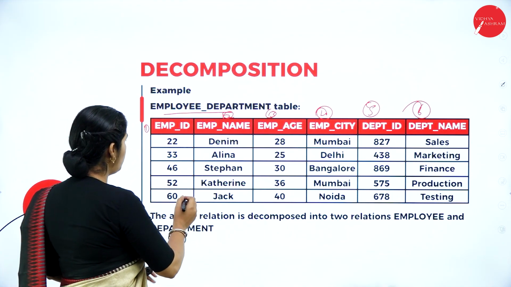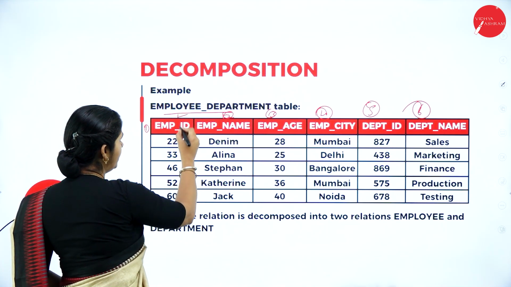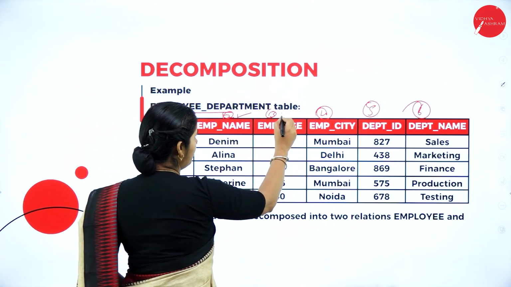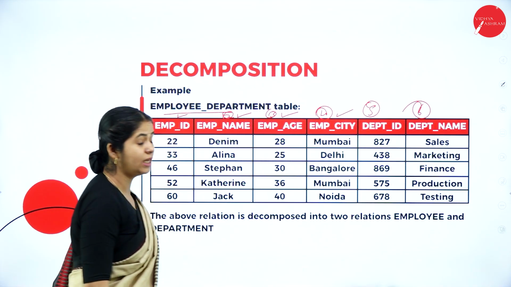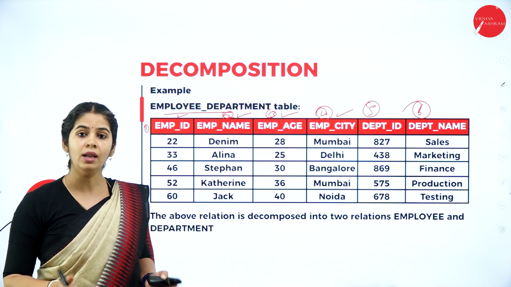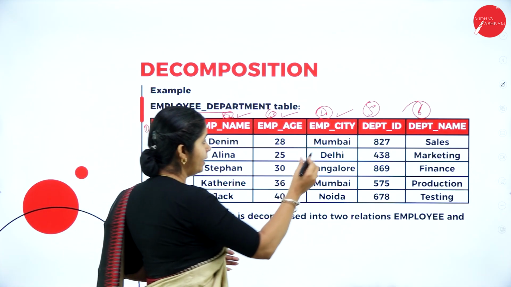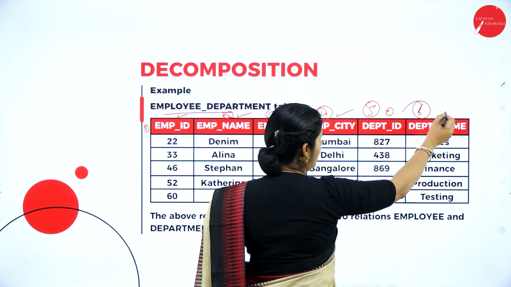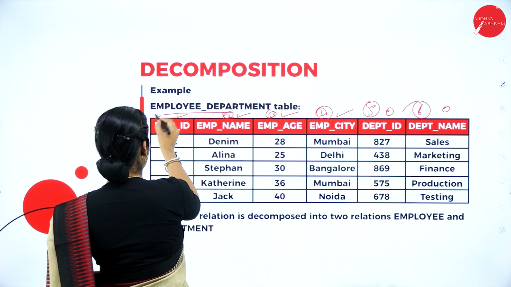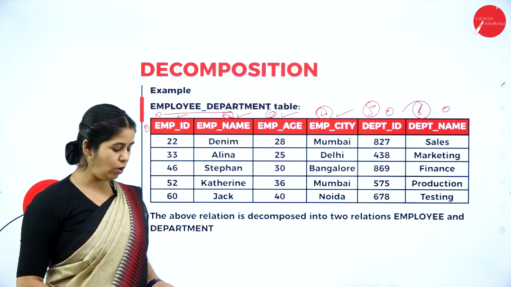The first table has employee ID, employee name, employee age and employee city. That belongs to the employee table. And department ID and department name with employee ID will become one more table.